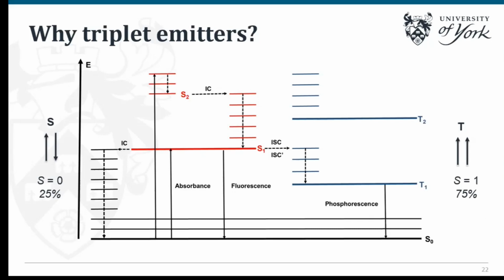However, if you have a molecule that can access these triplet states, suddenly you can access the other 75% of the electrons you're injecting into your OLED instead of wasting them as heat, which means your overall device efficiency is 100% instead of the inherently limiting efficiency in a singlet device of 25%.